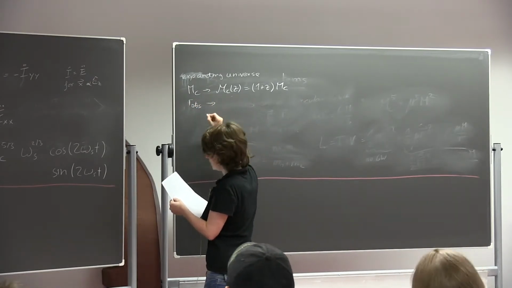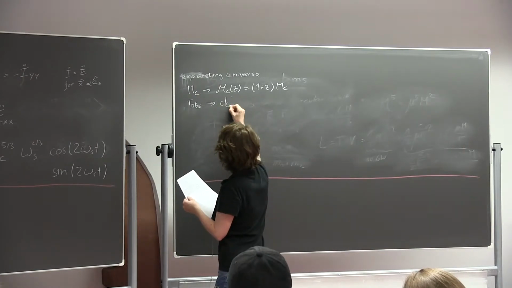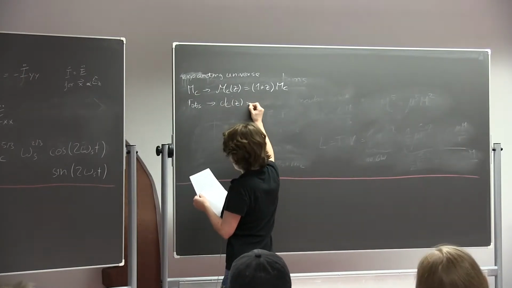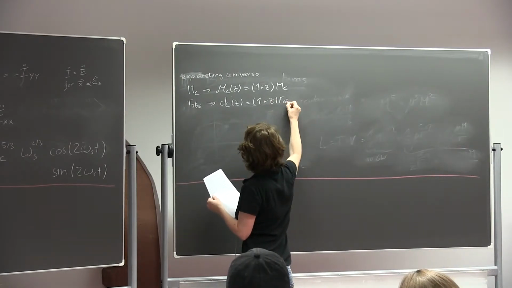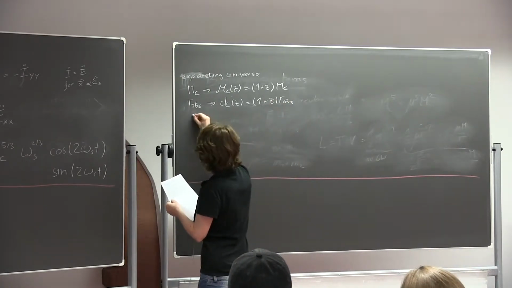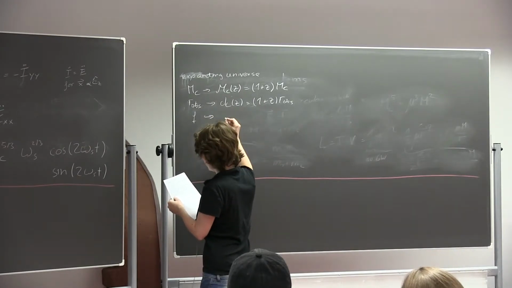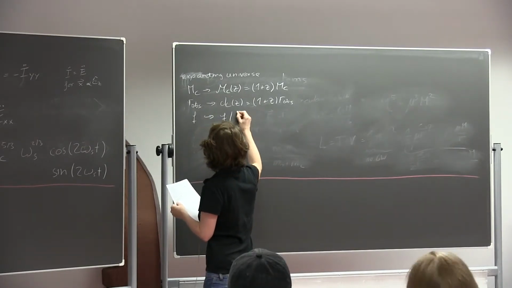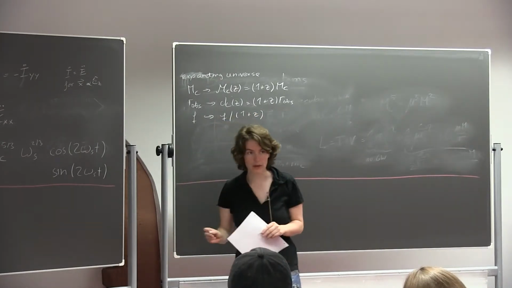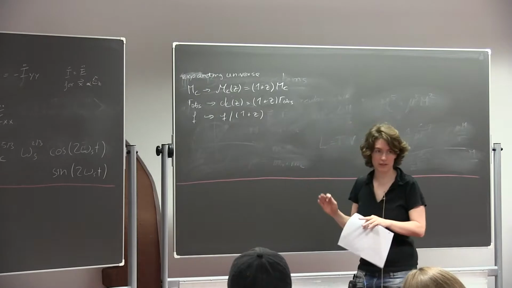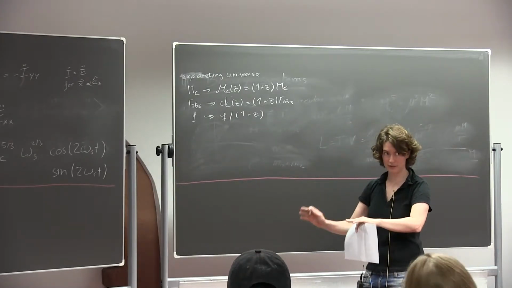The distance to the observer becomes the luminosity distance, which is just 1 plus z times the distance. And the frequency redshifts in the usual way, so you have f divided by 1 plus z.